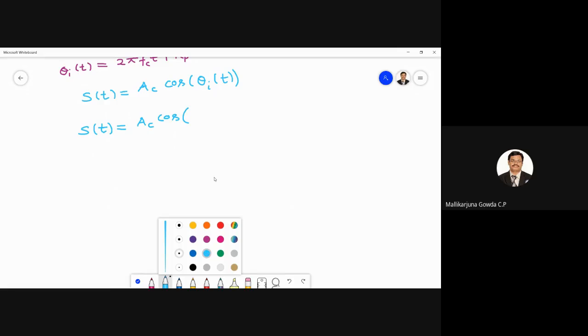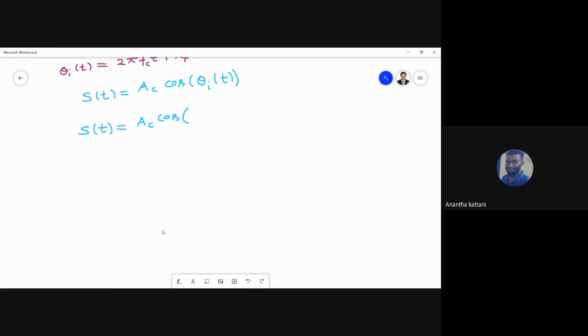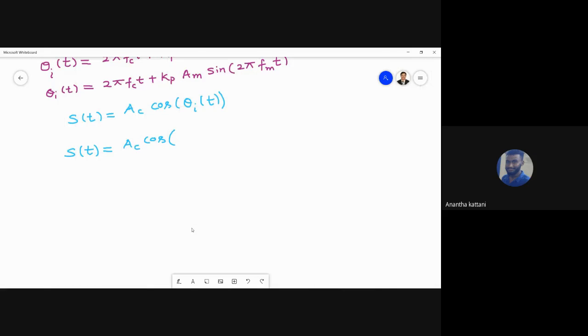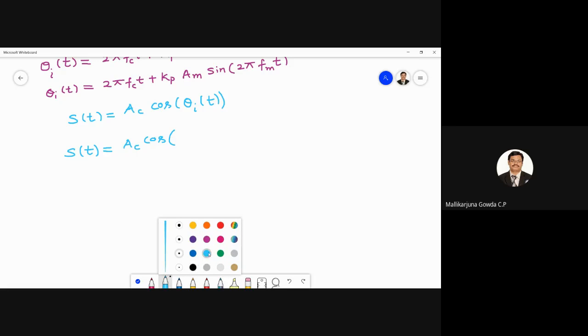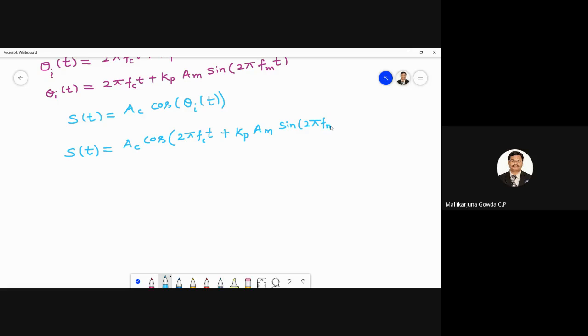Ac cos of 2 pi fc t plus kp Am sine of 2 pi fm t, right?